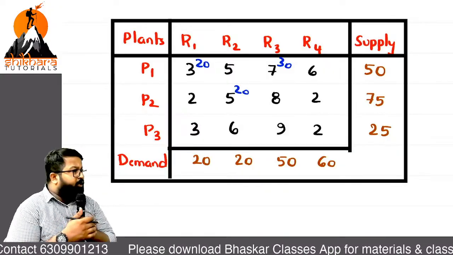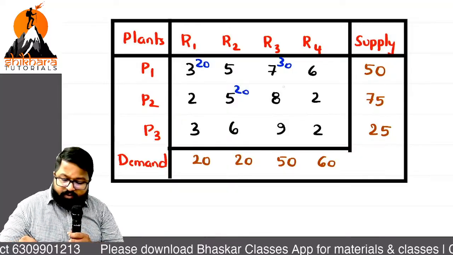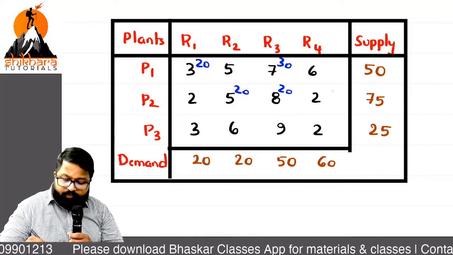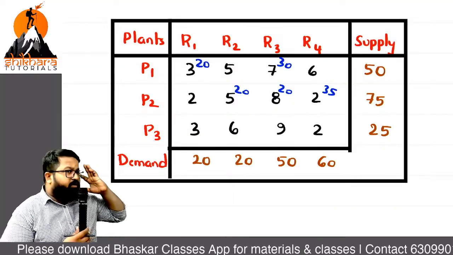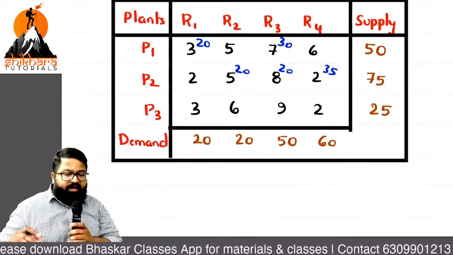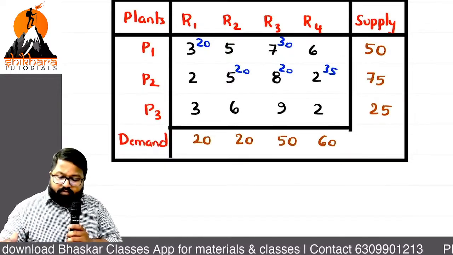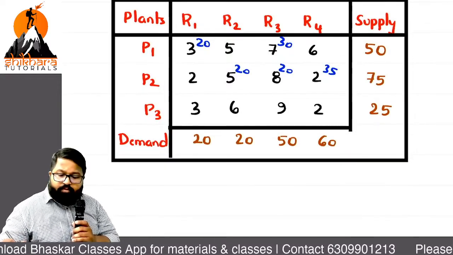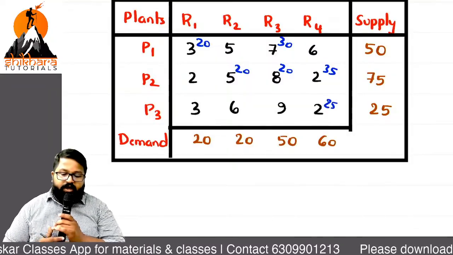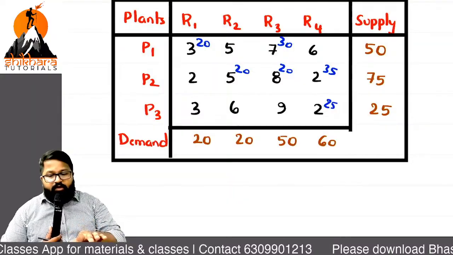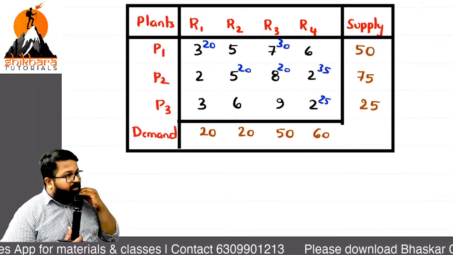Next, P2, R3, how much? 20. P2, R4, 35. And next, any other allocations there? P3, R4, 25. Okay, these are the allocations we got at the end of the VAM matrix.